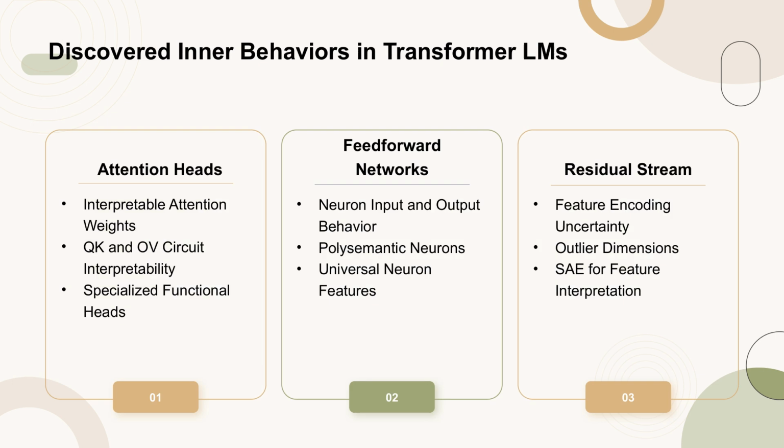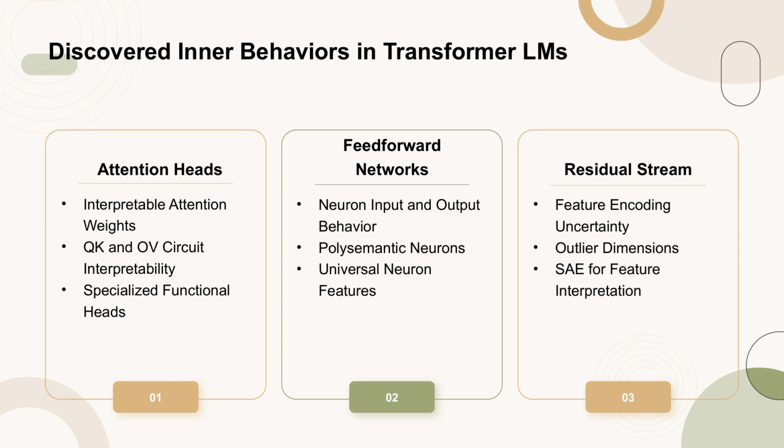In this section, we delve into the discovered inner behaviors of transformer language models, LMs. We start by examining attention heads, which can exhibit interpretable attention weight patterns, have QK and OV circuits that are meaningful, and serve specialized functions such as positional, subword joiner, syntactic, and duplicate token heads.